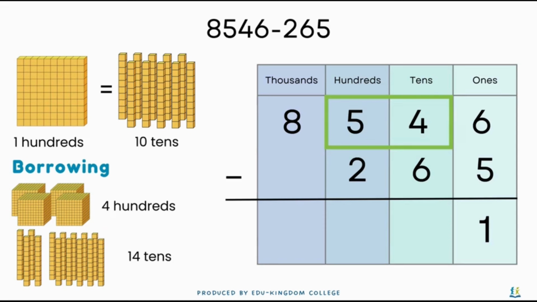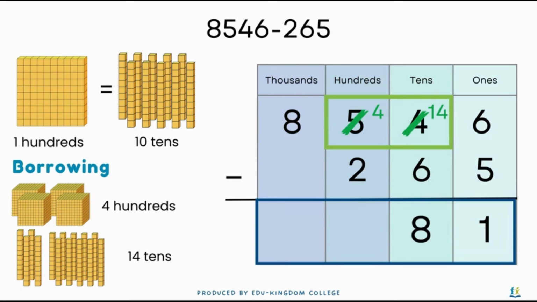How can we indicate this into column subtraction? What we're going to do is cross out the hundreds and make it into a 4. Whereas the 4 in the tens place, we're going to cross it out and make it into a 14. Now that I have enough numbers to minus the 6, I can do 14 minus 6, which gives us 8.